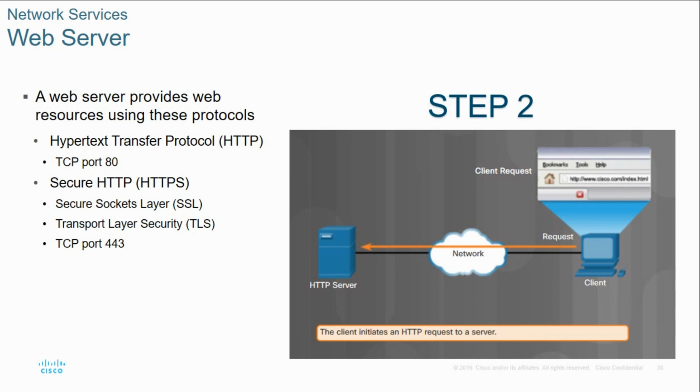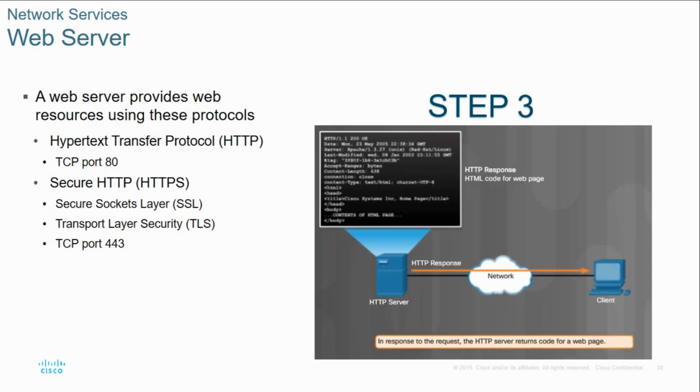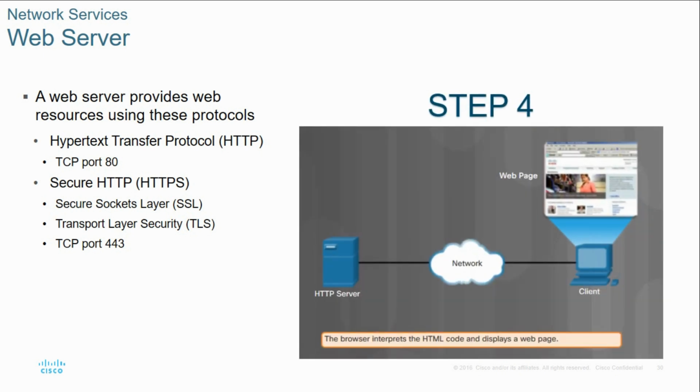With HTTP requirements, the browser sends a GET request to the server to ask for the index.html file. In step 3, the server sends the HTML code for this web page back to the client's browser. Finally, the browser interprets the HTML code and formats the page for the browser window.